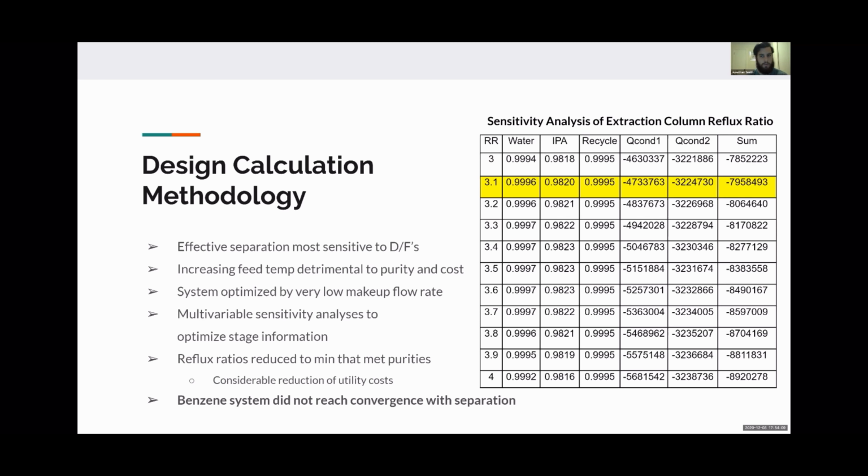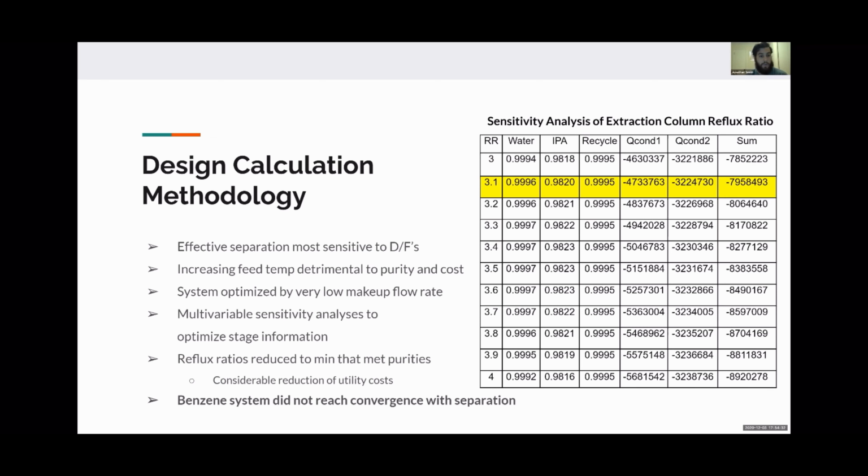And so it was most effective to leave the feed temperature at 25 degrees Celsius. And also for this system specifically, the makeup flow rate of the solvent could be reduced to very low levels, as that helped both purity and obviously brought down costs by reducing the necessary flow.